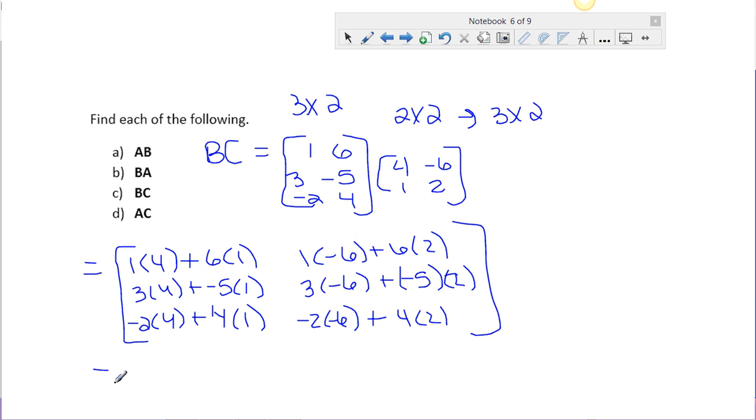Do out the math, and we wind up with 10, 6, 7, negative 28, negative 4, and 20. And there we have our 3 by 2 matrix. Okay, so let's try D.